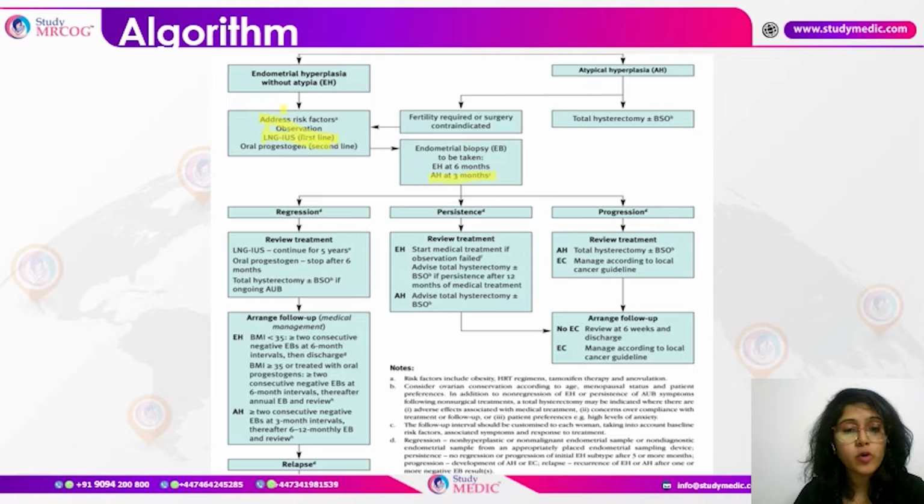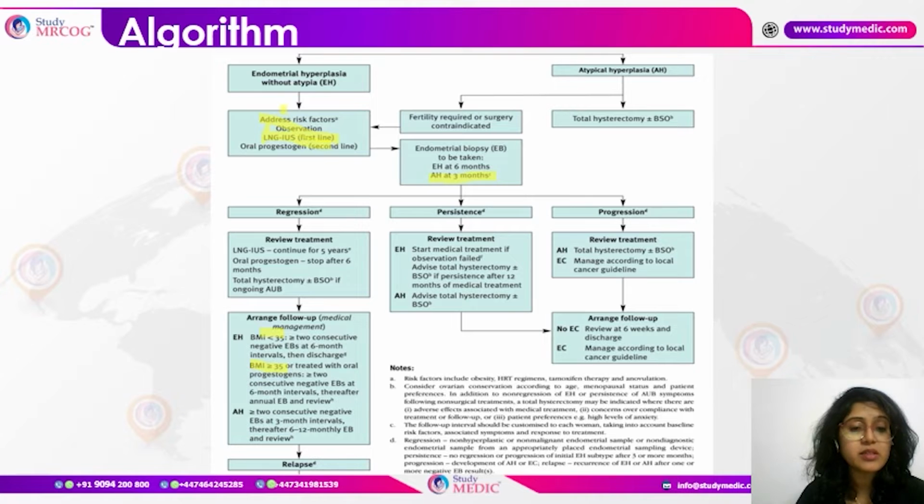So how to follow them up for endometrial hyperplasia? If the BMI is less than 35, then after two consecutive negative endometrial biopsies at a 6-month interval, you can safely discharge the patient. But here, the BMI was more than or equal to 35.